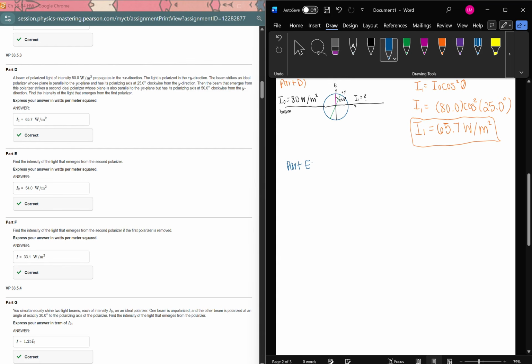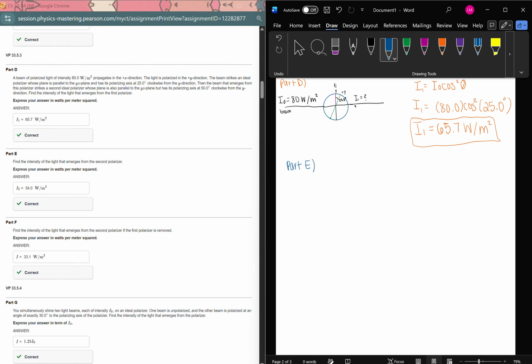Part E is to find the intensity of the light that emerges from the second polarizer. So I'm going to go ahead and add a second polarizer. Okay. I'm going to draw the second polarizer.